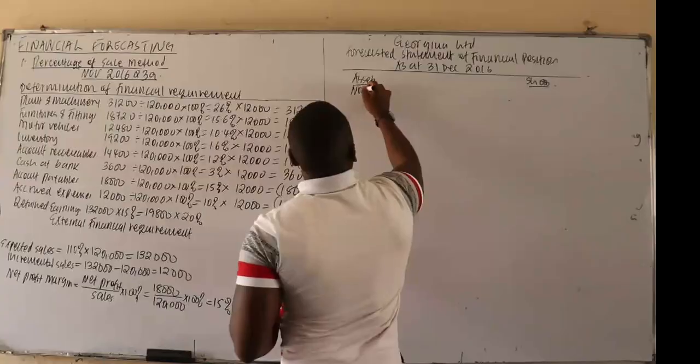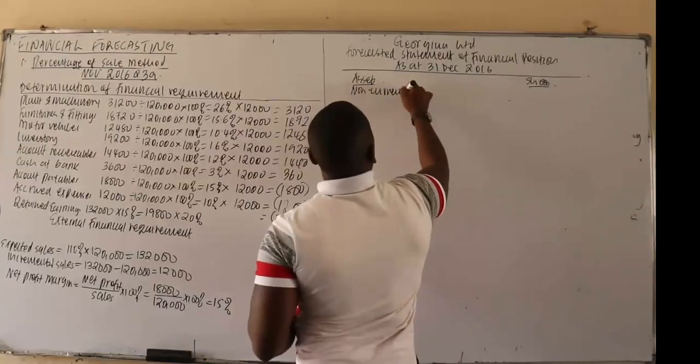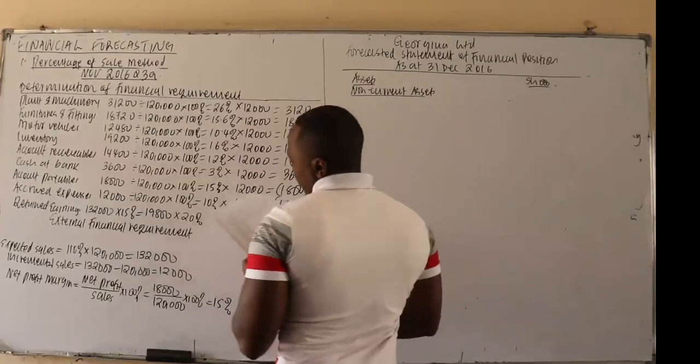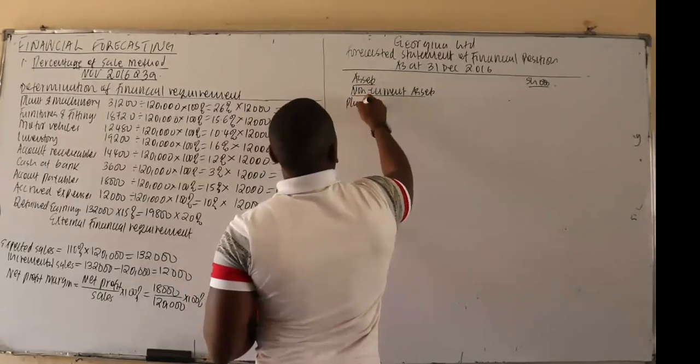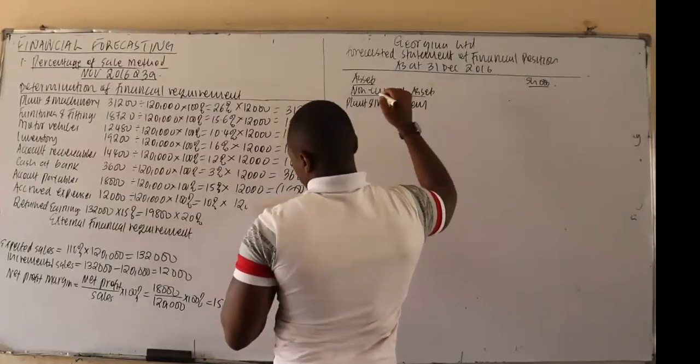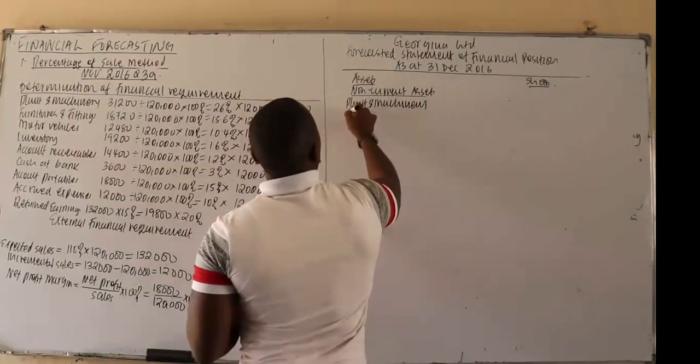We have the assets. We start with the non-current assets. In the non-current assets, we have plant and machinery. We also have furniture and fittings.